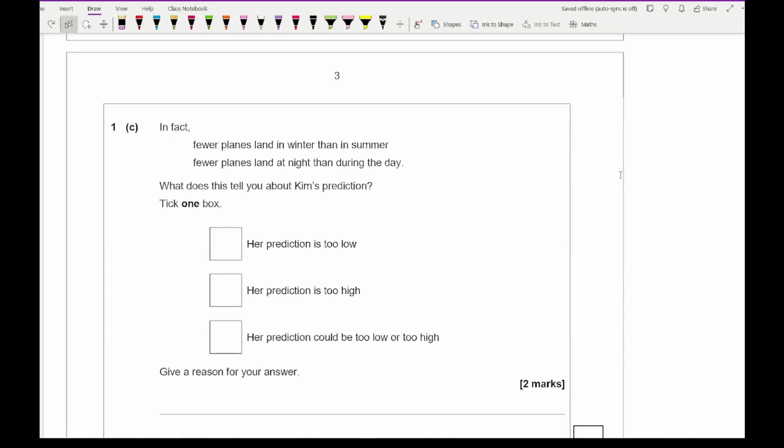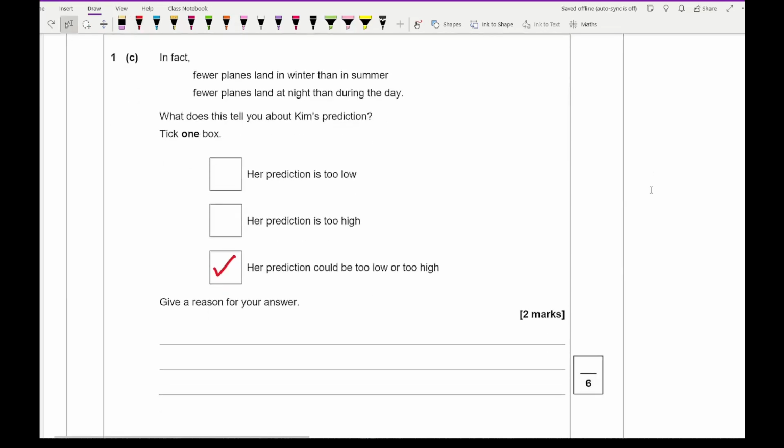Then moving on to 1C, it says, in fact, fewer planes land in the winter than in the summer. Fewer planes land at night than during the day. What does this tell you about Kim's prediction? Well, the box that we need to tick is that her prediction could be too low or too high.